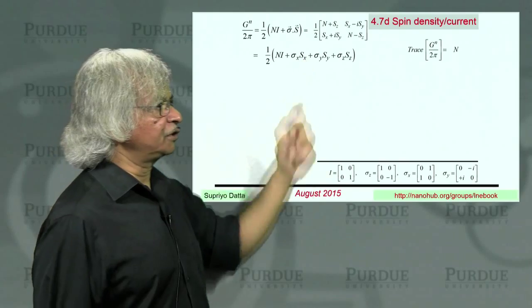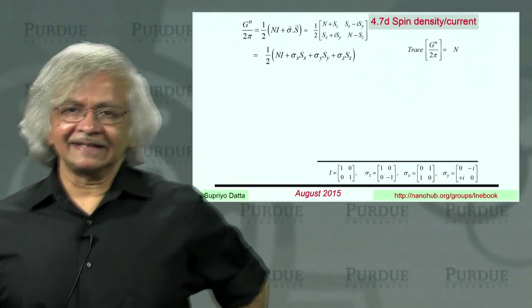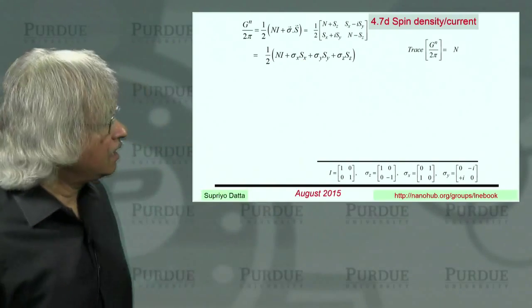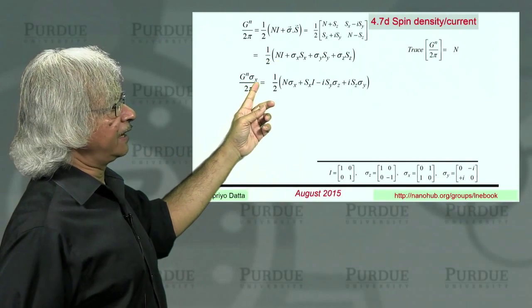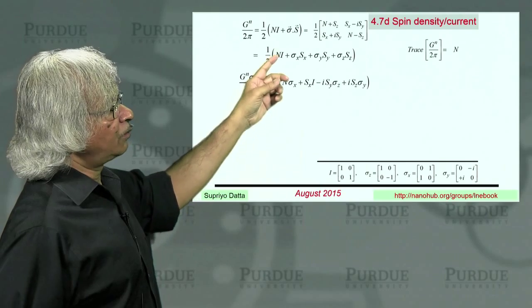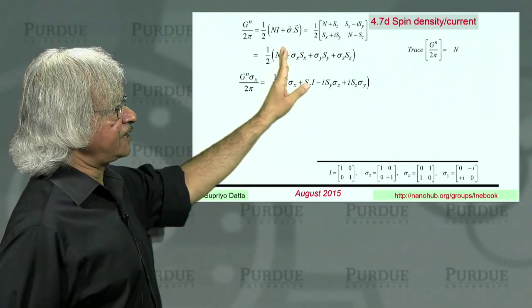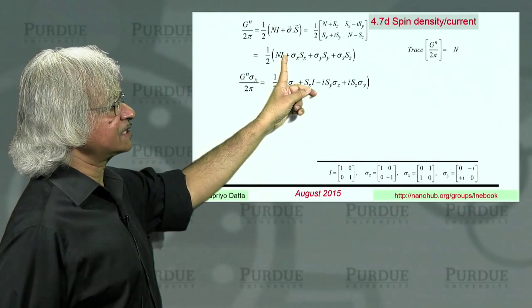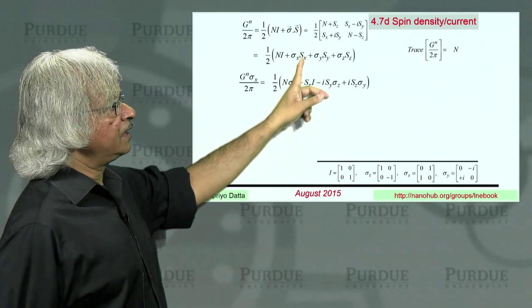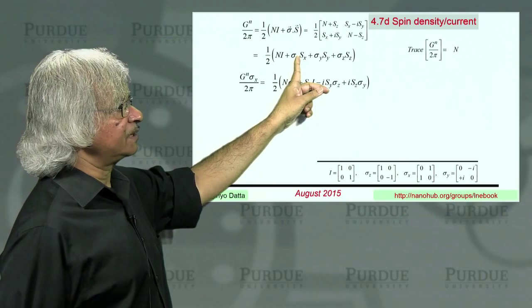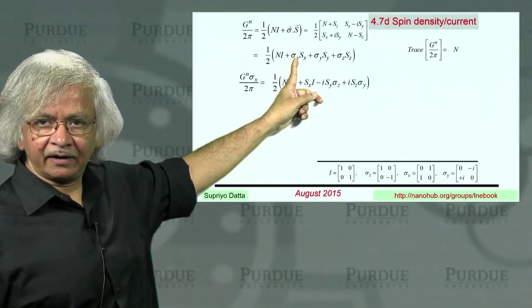So supposing I want to know what is the spin in the x direction. What I could do is multiply Gn by sigma x. So what would happen is I'm multiplying from the right with sigma x. So you get sigma x times I, that's sigma x. Here I get sigma x times sigma x, which is sigma x squared.